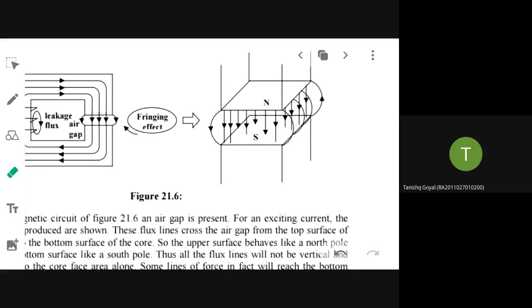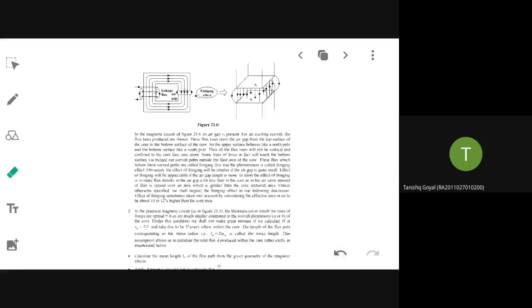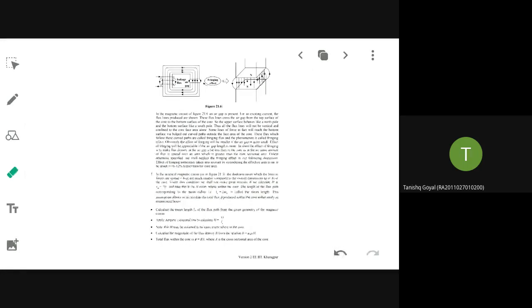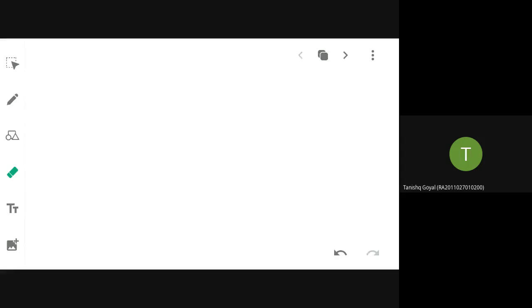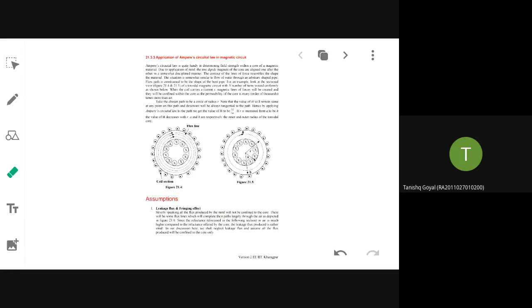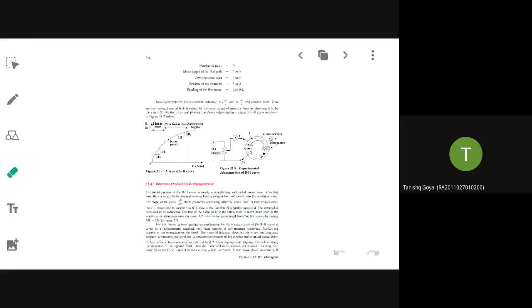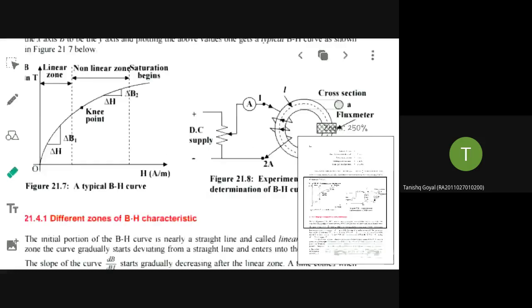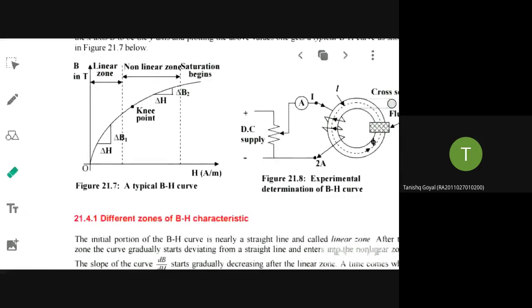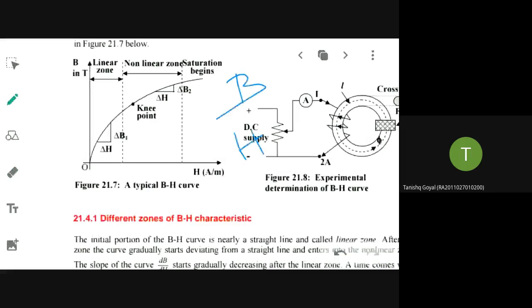So this finishes off. Next, we'll move on to the characteristics. I think you must have studied the characteristics of magnetic materials in your lower class. What are the characteristics of magnetic material? So you know what is B, you know what is H. What are B and H?